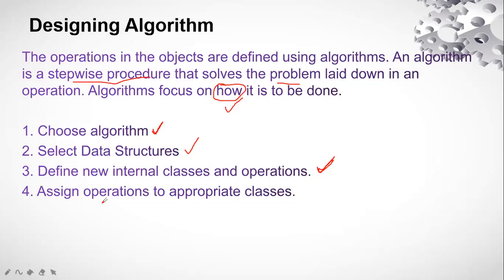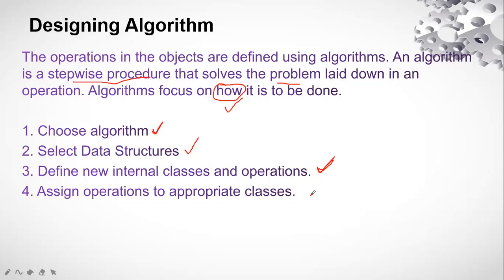Next point, the fourth point, is assign operations to appropriate classes. Now, what does this mean? It says that when a class is meaningful in the real world, the operations on it are usually clear. So whenever there is only one object involved in the operation, it is clear that we have to give the rights to that particular object.